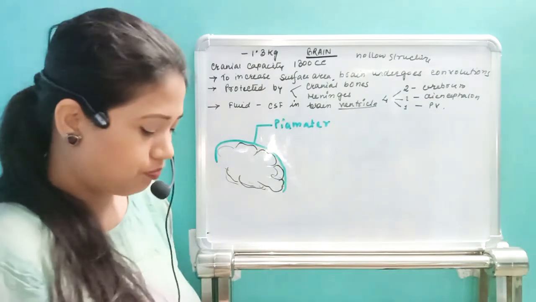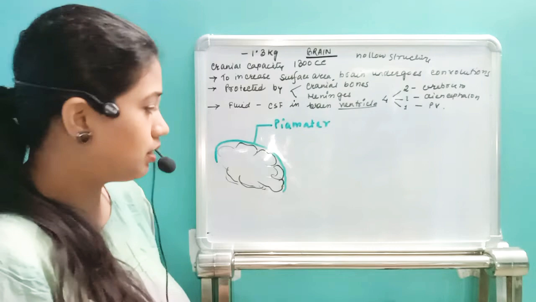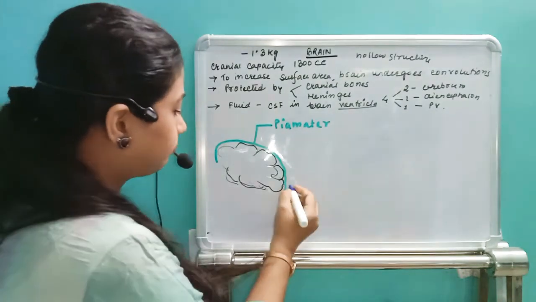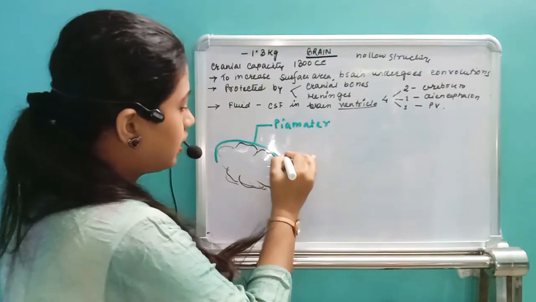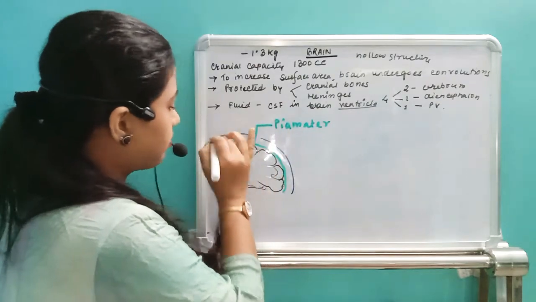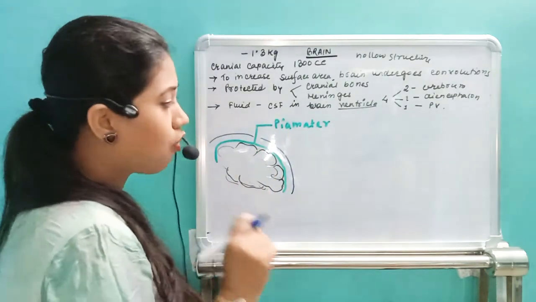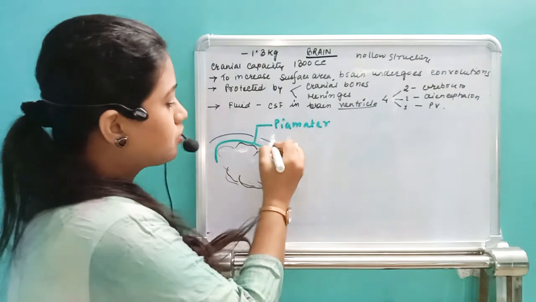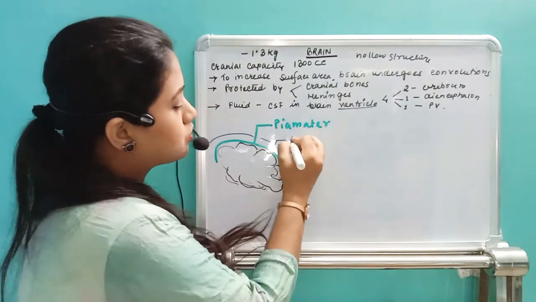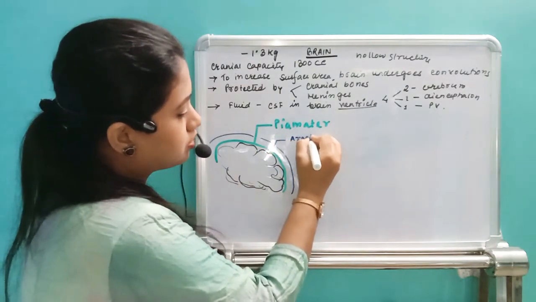P-I-A M-A-T-E-R, pia mater. Then the middle layer, this is actually the meninges itself. 3 meninges will form the whole meninges. The middle one is called arachnoid.